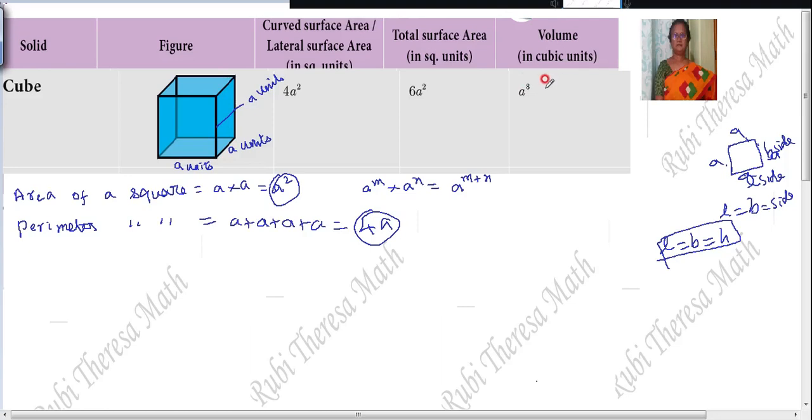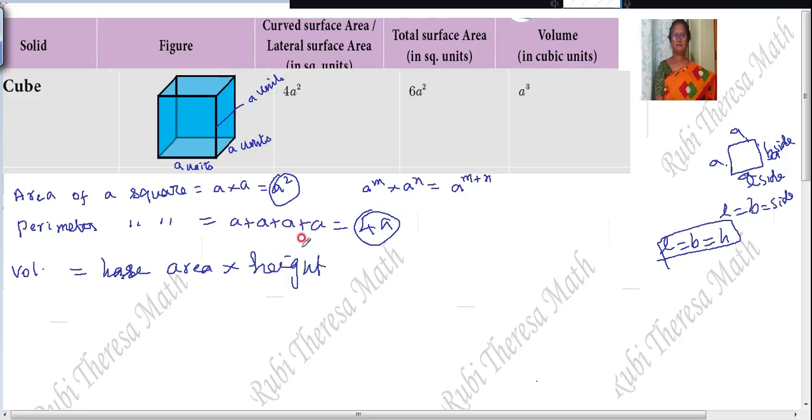Because already I told you what is meant by volume. It is nothing but base area into height. Volume is base area into height.